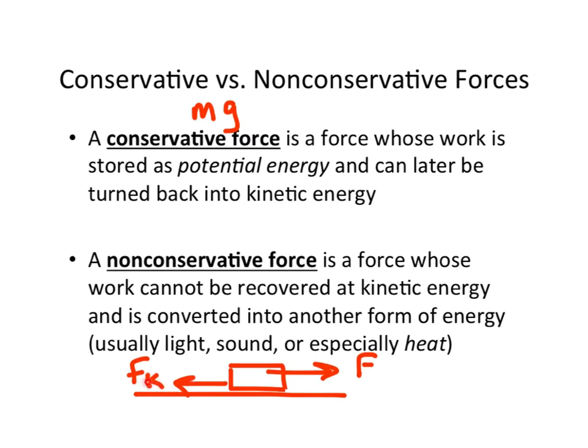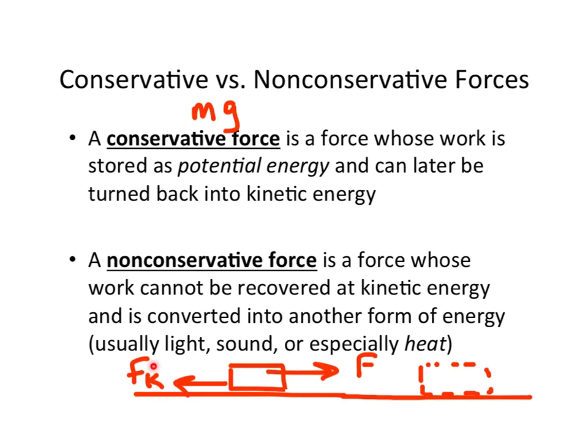But once you've moved the box to this point, just because you put work against friction doesn't mean friction is now ready to do work for you like gravity. Oh no, friction always acts against the direction of motion. So friction creates lost energy or lost work, and many times we see friction expending energy or work in different forms that you can't get back.